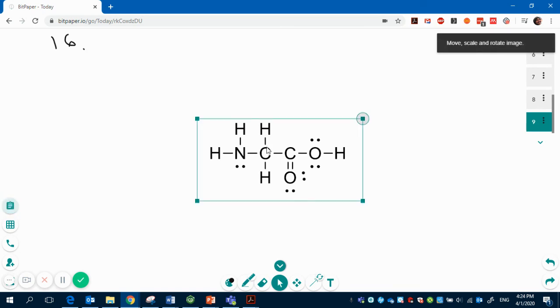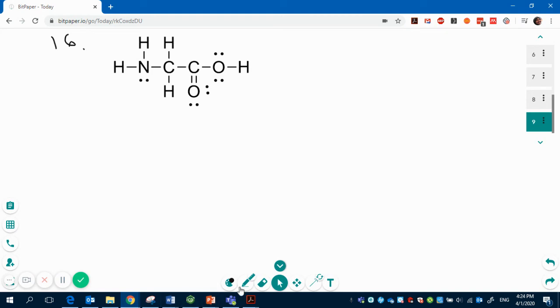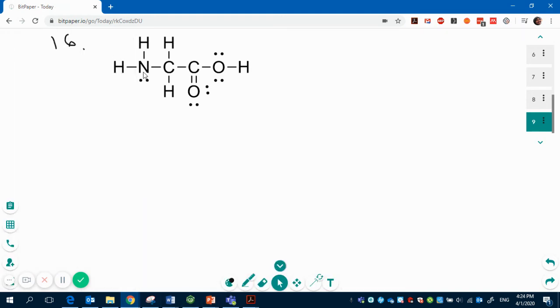Here's the molecule of glycine, and every time we have these more complex molecules, what we actually need to do is draw each atom independently when we consider its geometry. So the nitrogen atom here is going to be trigonal pyramidal. This is going to be tetrahedral because there's 4 things. This carbon atom has 3 things, so it's trigonal planar, and this one is going to be bent.